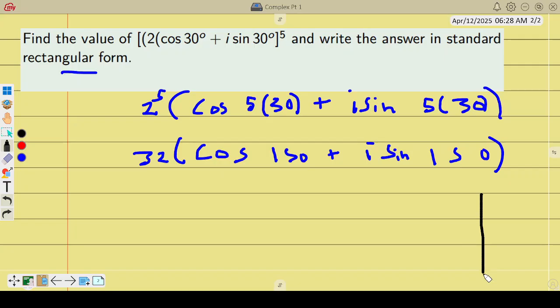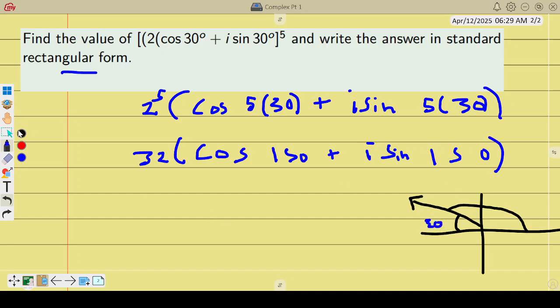If we have 150, it simply means it is in the second quadrant, and the helping angle is 180 minus 150, that is 30.